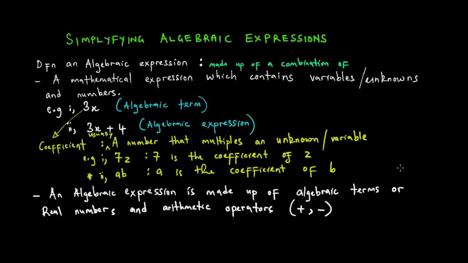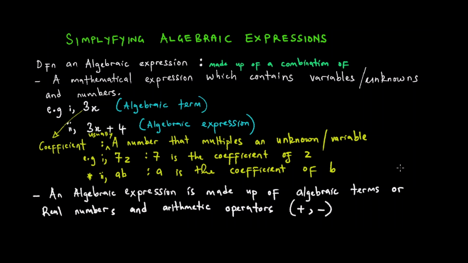Then from the examples we have discovered that we need to define an algebraic term, because an algebraic expression is a container of algebraic terms. An algebraic expression is made up of algebraic terms. What makes an algebraic term? An algebraic term is made up of a coefficient, which is just a real number. That real number, that coefficient, is multiplying an unknown, a variable. That is a term. Understand this.